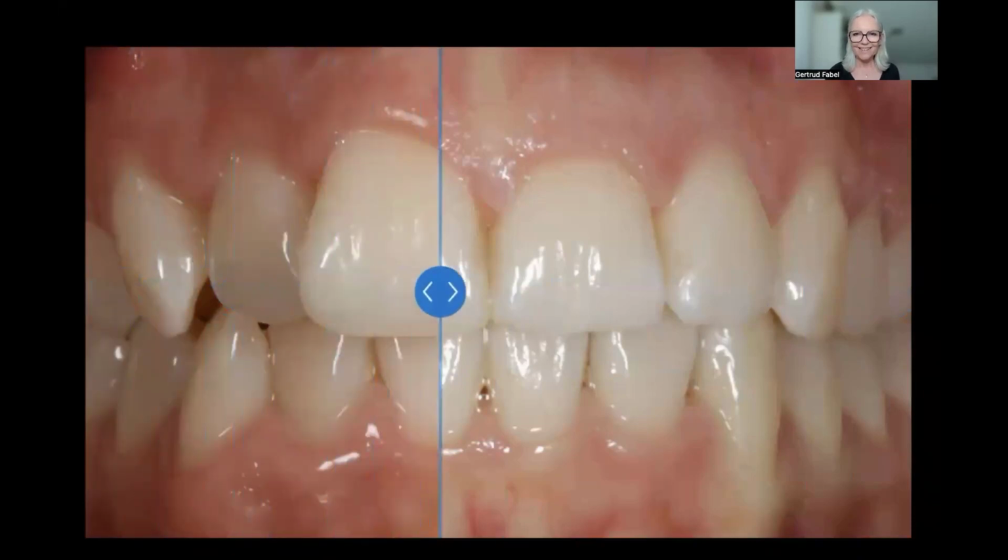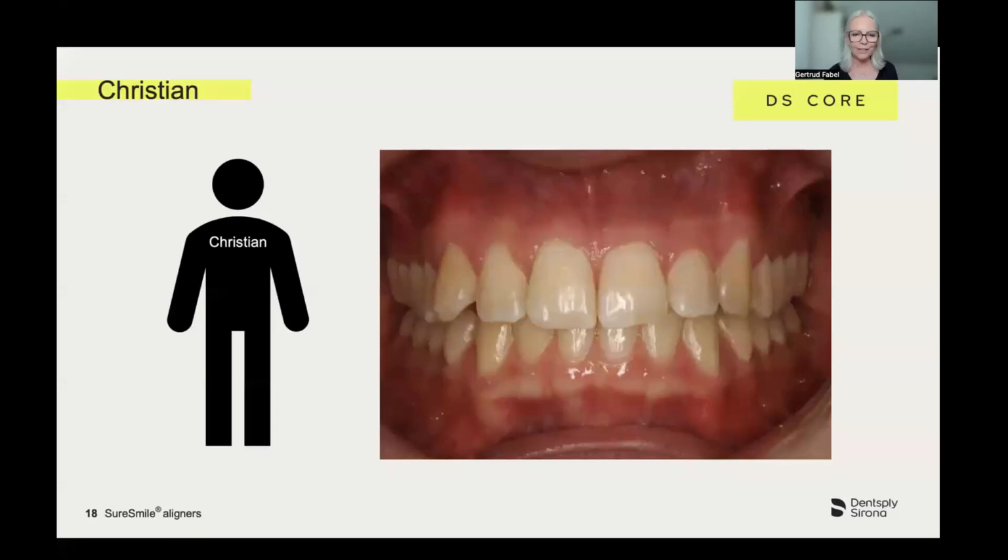It's not his case. This is Christian, and he is wearing a fixed retainer in the lower jaw. So he had an orthodontic treatment already as a teenager. Christian was one of the very first cases I treated with SureSmile aligners, almost 5 years ago from now on.